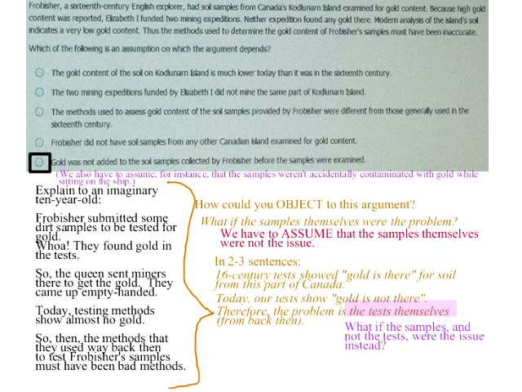So, like, if you negate choice E, choice E says gold was not added to the samples, so if you negate that, you get it was. Gold was added by Frobisher himself before the tests were run on the samples.